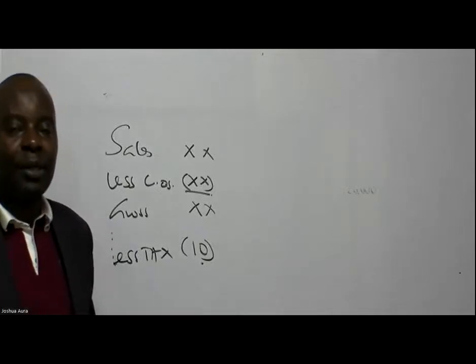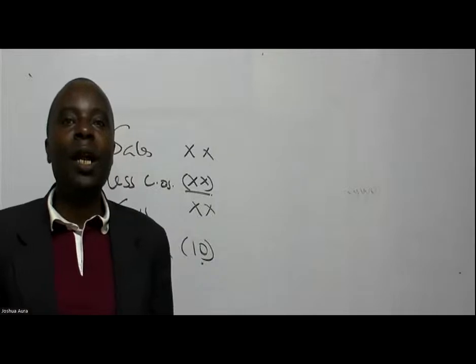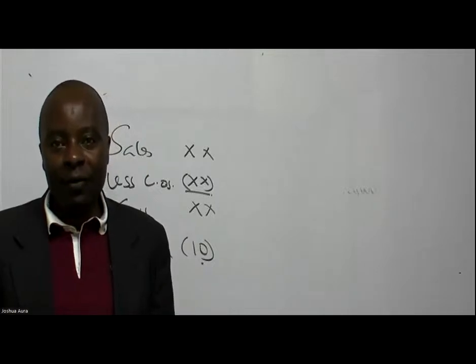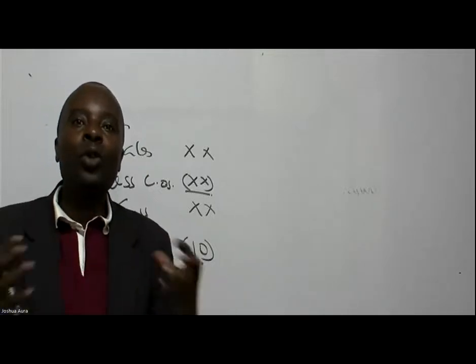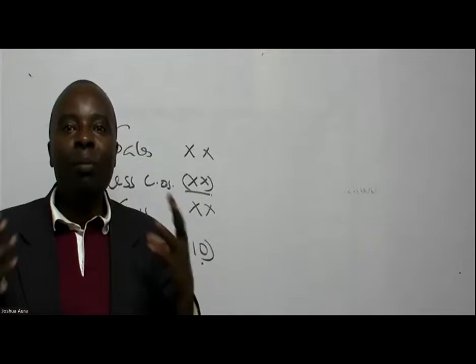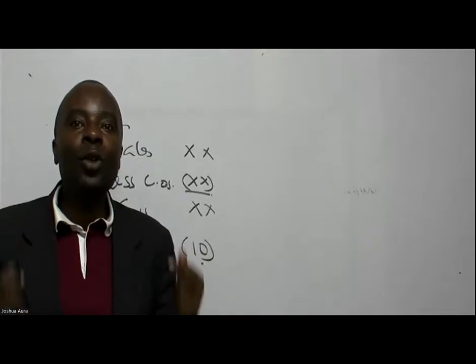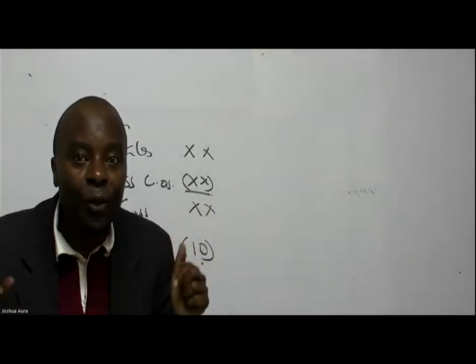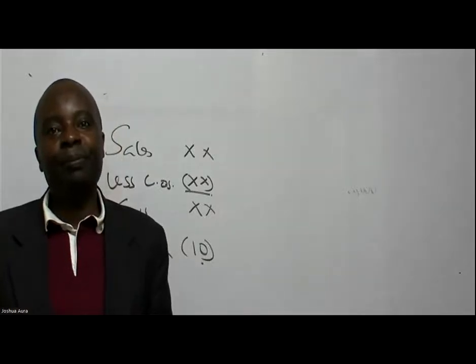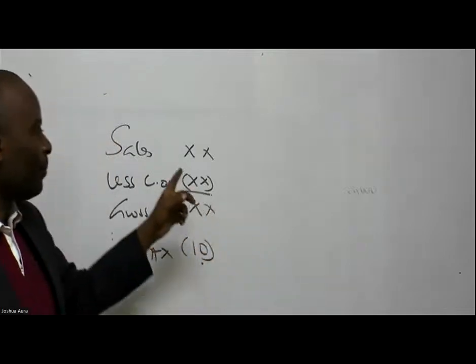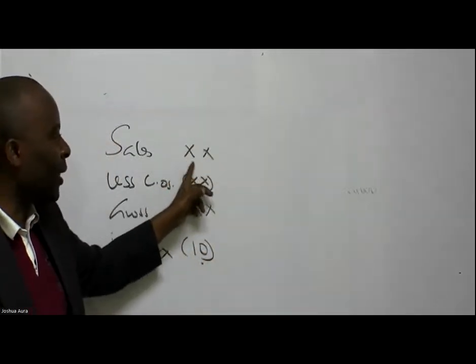So as an auditor, ladies and gentlemen, I'm supposed to exercise professional skepticism, where I doubt every figure I'm given, so that I can dig for more information that will help me form an appropriate opinion.